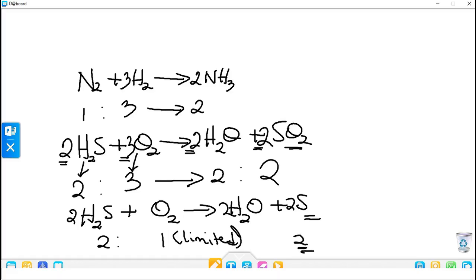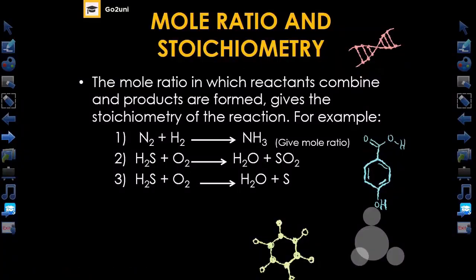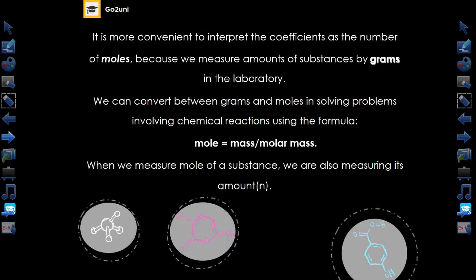Having seen that, let us proceed to our next discussion. It is more convenient to interpret the coefficients, that is, the numbers in front of the reactants and products, as number of moles.